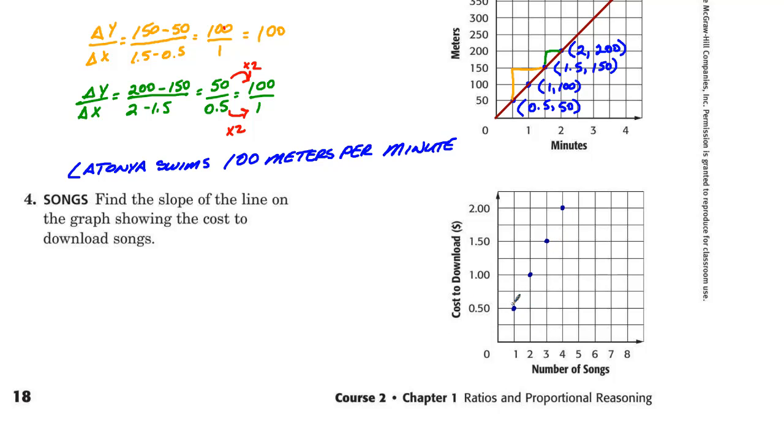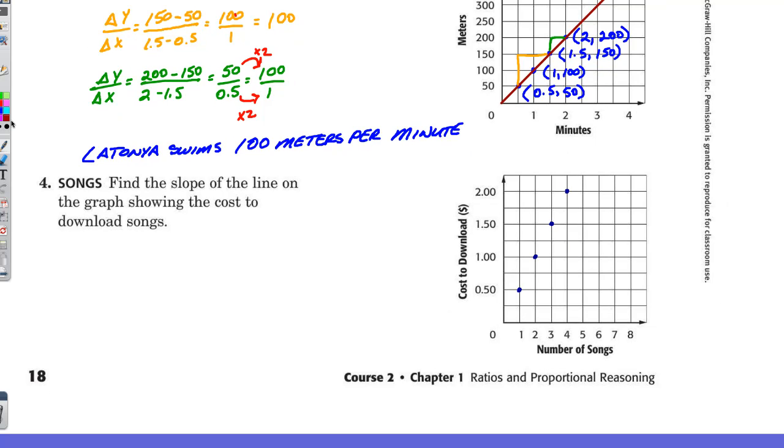And your slope, notice that this time, let's get a line through that. Again, starting at the origin, because you don't download any songs, so it wouldn't cost you any money.